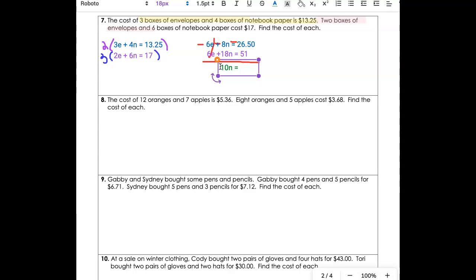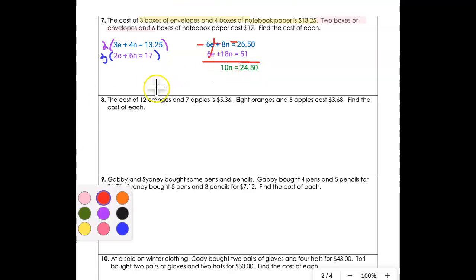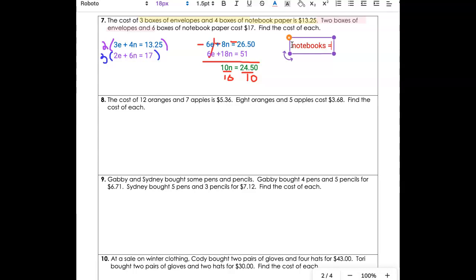And then the negative 2650 and the 51 is going to give me 2450. And then if I just divide both of those sides by 10, I'll get my answer for notebooks. So my notebooks are going to cost $2.45 each.